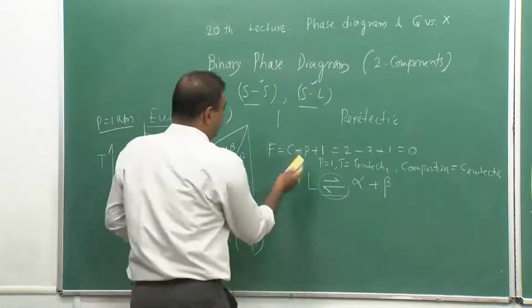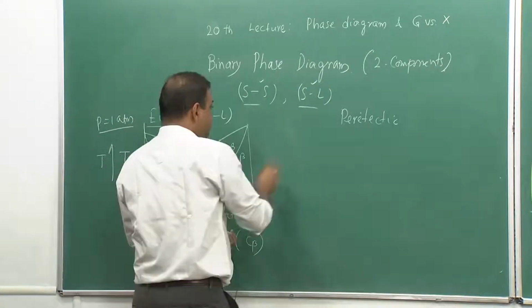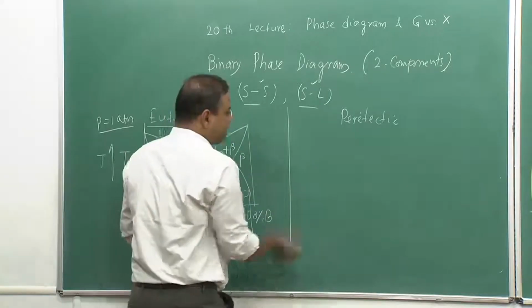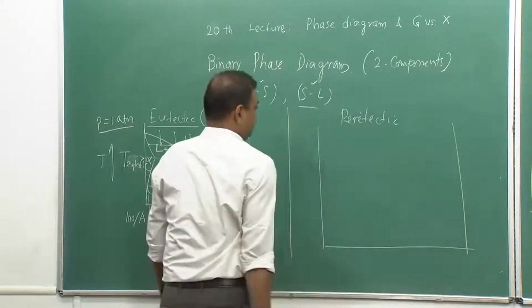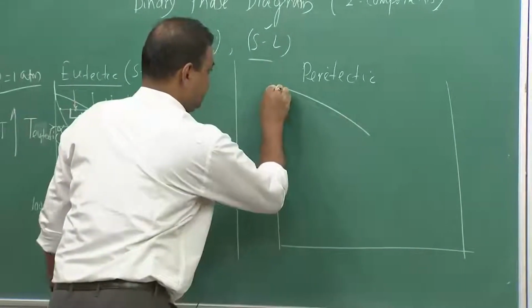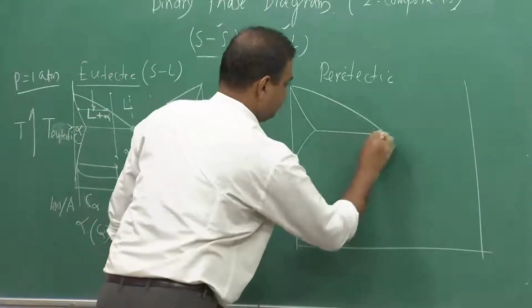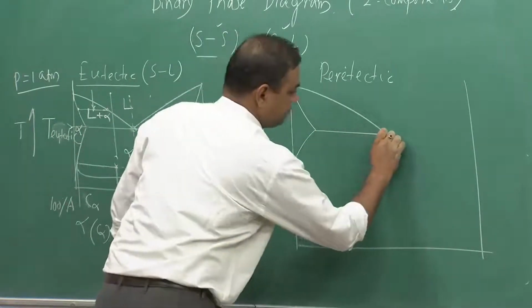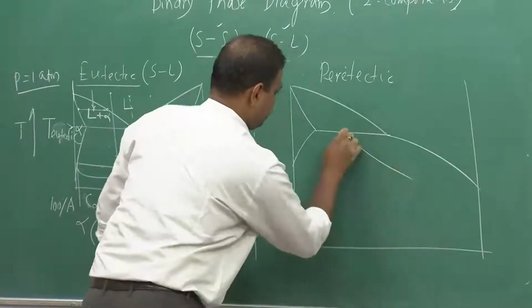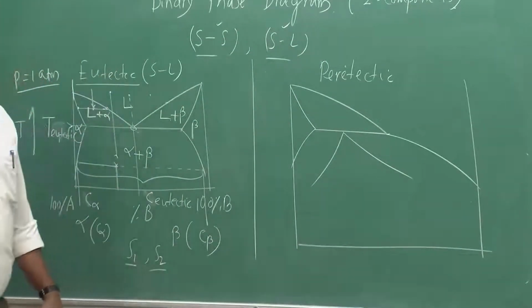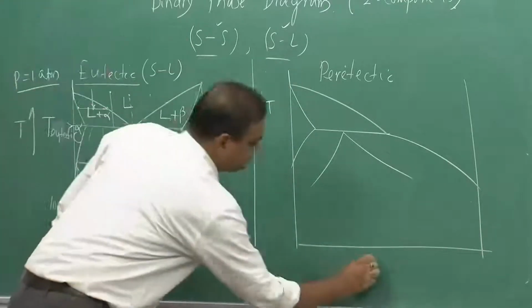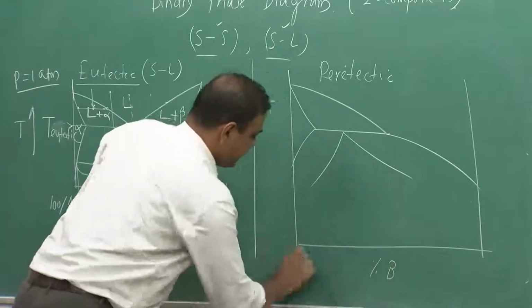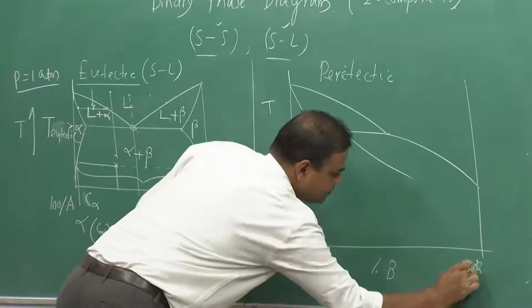Now, on the other hand, if I try to see the peritectic phase diagram, the peritectic phase diagram looks like this. It looks like this, where this is the temperature axis, this is percentage of B, this is A and this is B 100%.